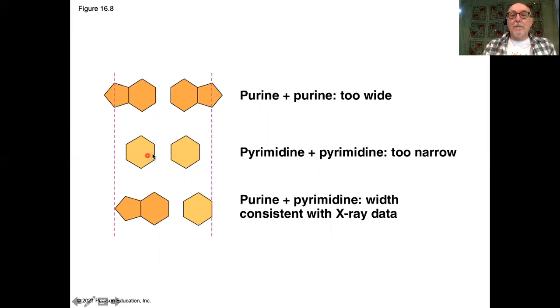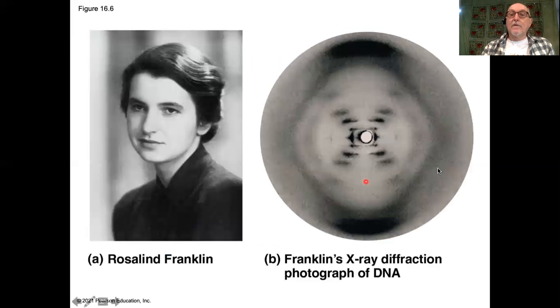If you put two pyrimidines together like this, it'd be too narrow. The only way to maintain a constant width all the way down was to have 3 rings, 1 purine and 1 pyrimidine. And that fitted with this X-ray crystal picture that they had seen.